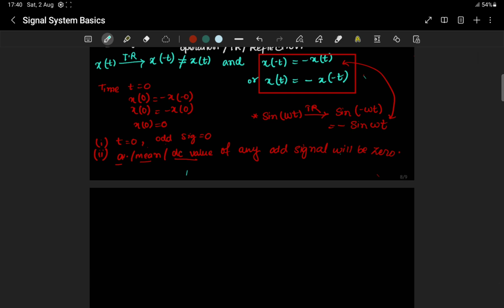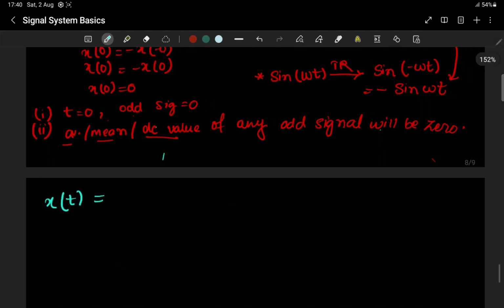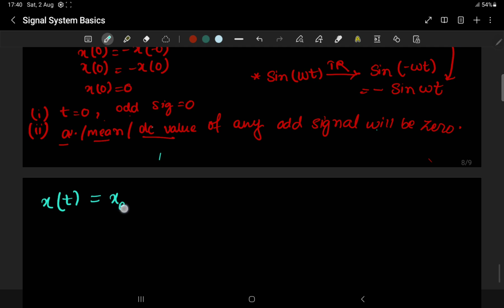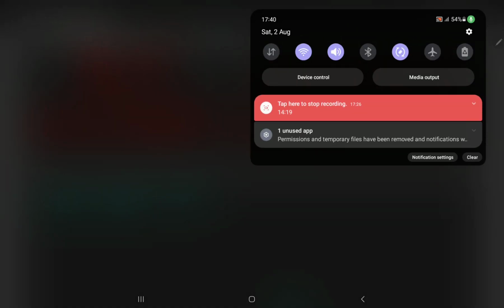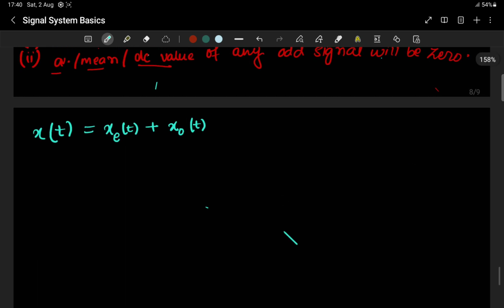So basically, when we draw x(t), suppose x(t) is the summation of x_e(t), that means the even component of the signal, plus x_o(t), that means the odd component of the signal. So I will be continuing with this, and just wait a second while I move to the next slide.